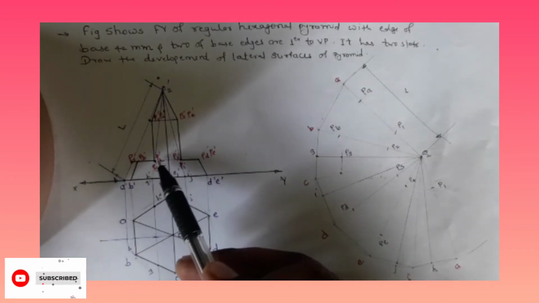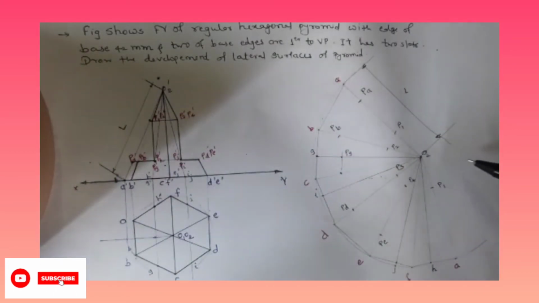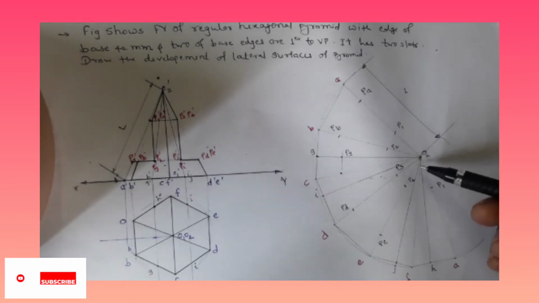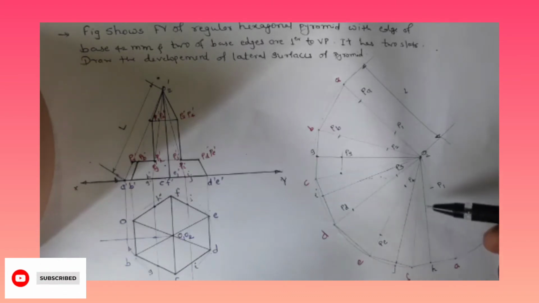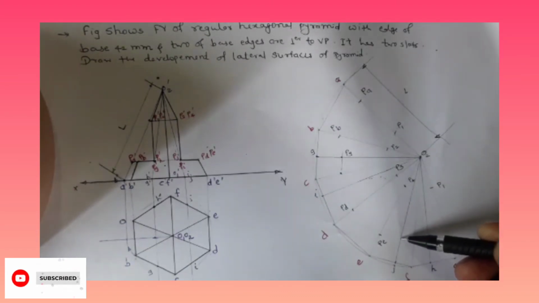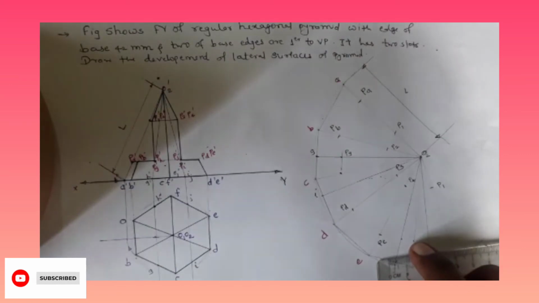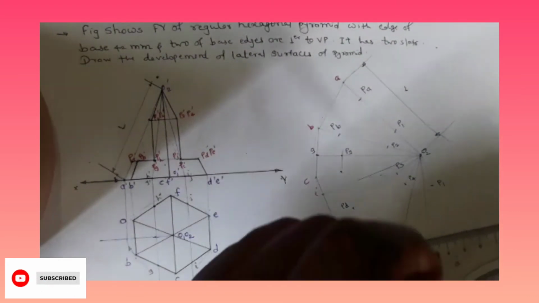We have to take the distance of the PH. I have already projected it here, so take this much distance in your compass and mark it on the O to H. Again, you can't mark it directly, so you can mark it on the O to F here, and then from this point you have to draw a line parallel to this edge, like this.